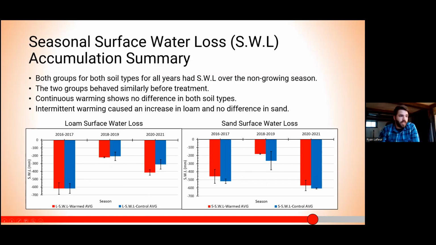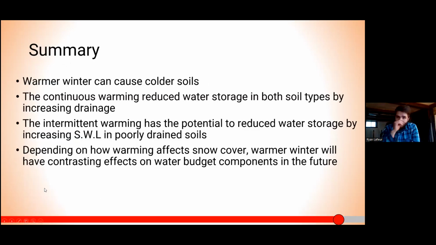And then our intermittent warming had no real changes in the sand. However, there is a small significant change occurring in the loam. So that might be something of interest later on. Maybe if we were to make a more intense intermittent warming, we could have extracted something a bit more significant.